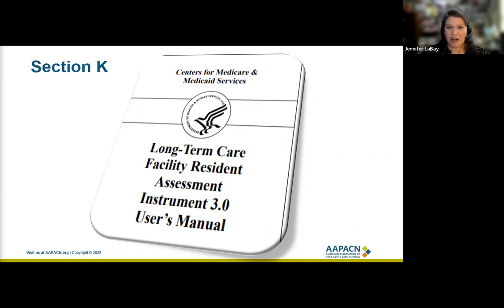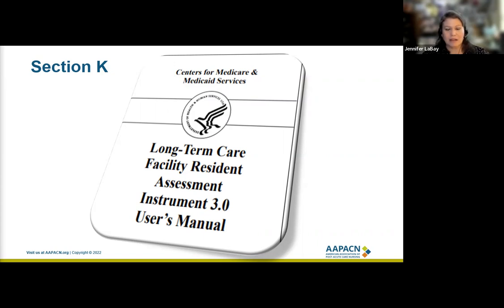That is effective October 1st of 2020. And that was added in order to allow states who collect PDPM data for their OBRA assessments to do so. Not every state does, but that's why there's a difference in versions between the RAI User's Manual and the item set.